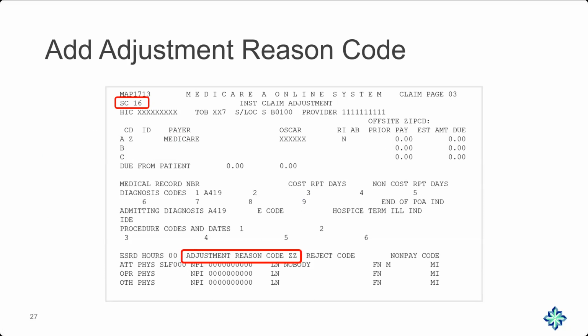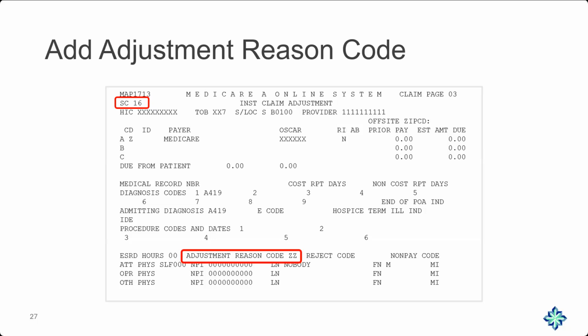If you're not sure what that is, the adjustment reason code is a 2-digit code, and it identifies the reason for performing an adjustment. The adjustment reason code supplements the claim change reason code. So it gives the system more detailed information, and these are required on adjustments, but not canceled claims.